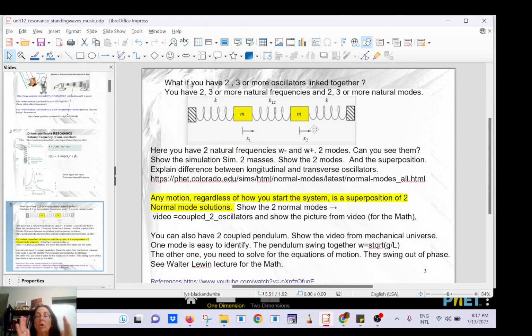So that will be the lowest one, okay? They can do this. Or they can squeeze together, move away from each other, squeeze together, move away from each other. So that means you have two modes and two natural frequencies.